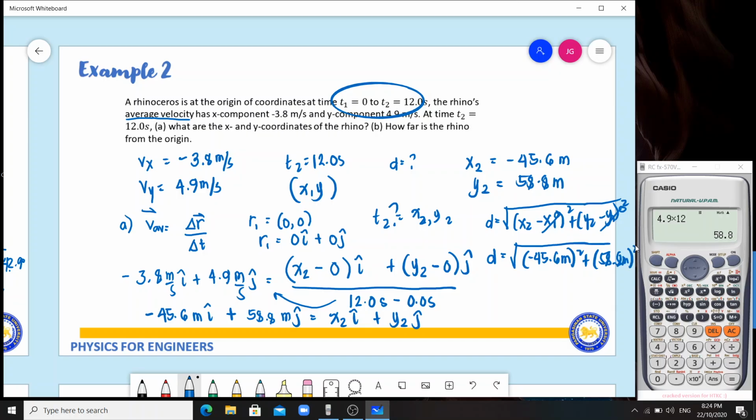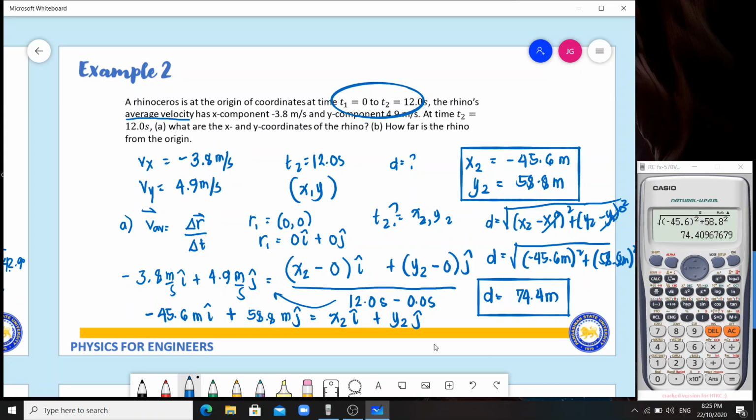So, the distance from the origin would be equal to the square root of negative 45.6 squared plus 58.8 squared. So that is equivalent to 74.4 meters. So this is the final answer.